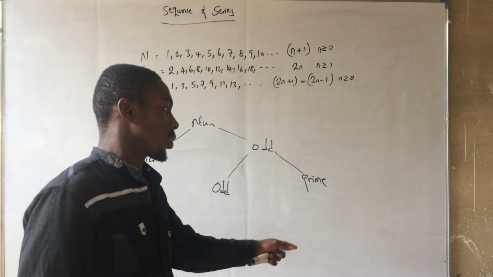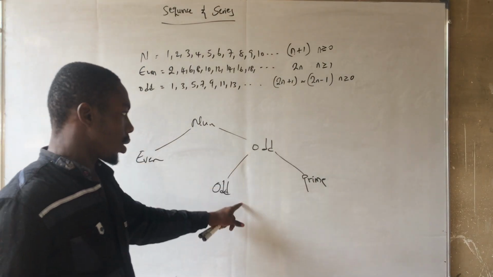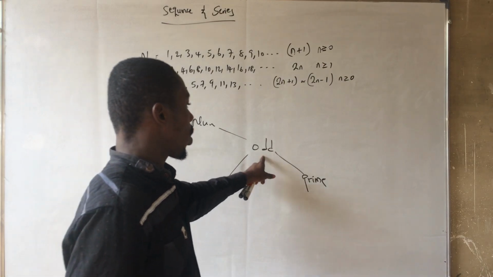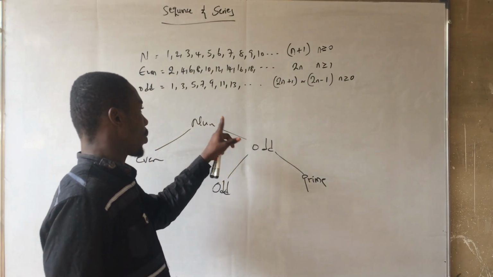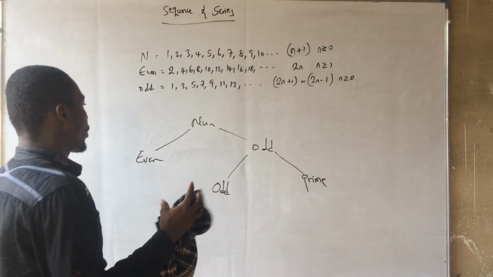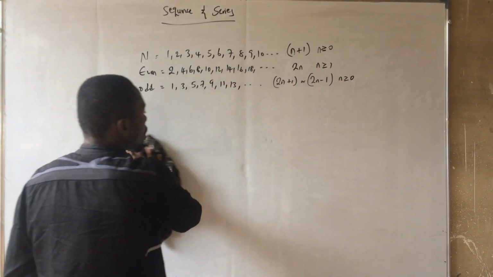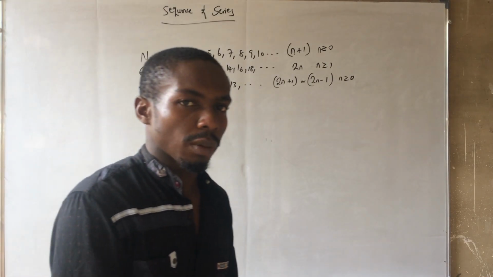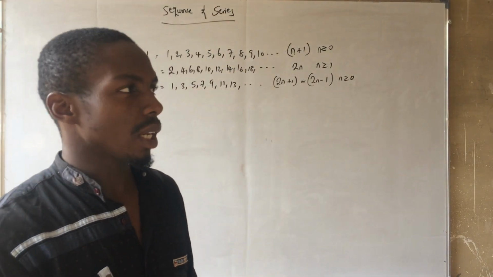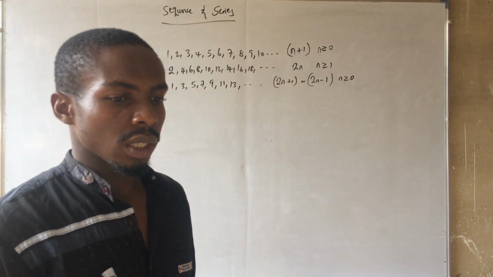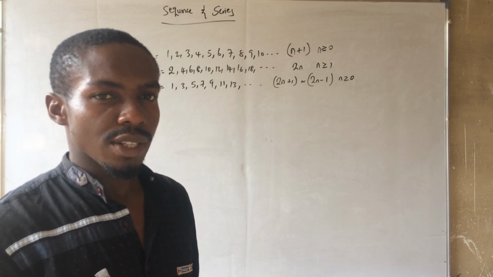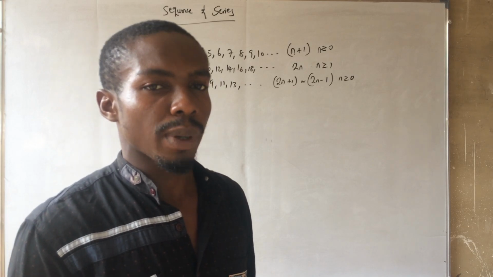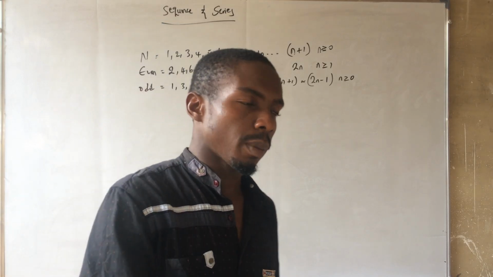Here I call it odd numbers, and here I call it odd prime numbers, or prime odd numbers, and here is even numbers. Now you might be saying I'm deviating from what I'm saying. No, I'm not deviating. I just want to show you that it is not always true that a sequence of numbers follows a particular pattern of writing numbers.